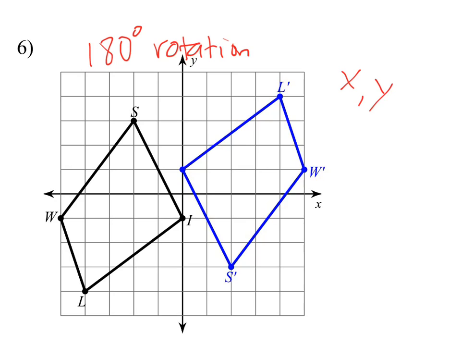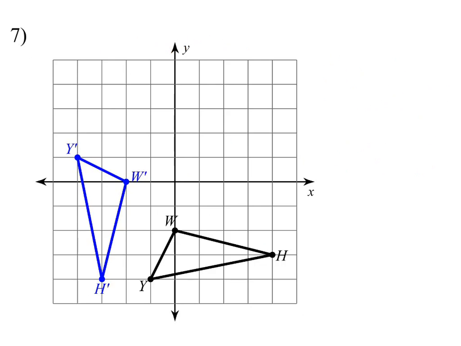You just change the signs on your coordinates, and you'll get the new spot, so (-x, -y). On 7, this would be a clockwise rotation, and it's going to be just a 90-degree one, so 90 degrees clockwise rotation.